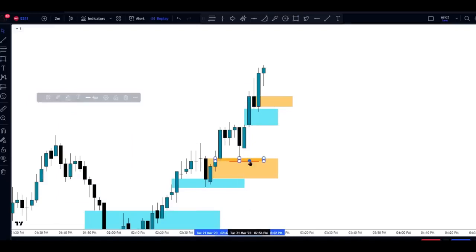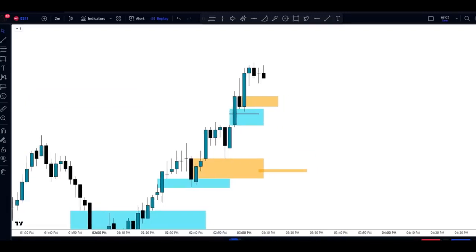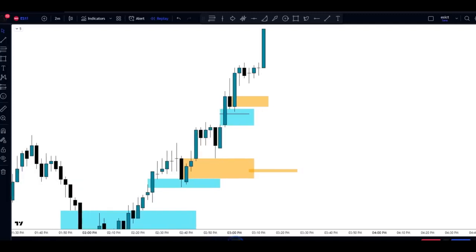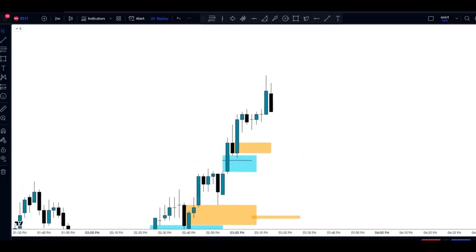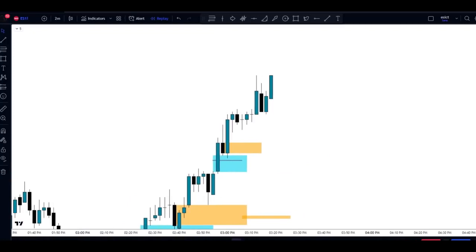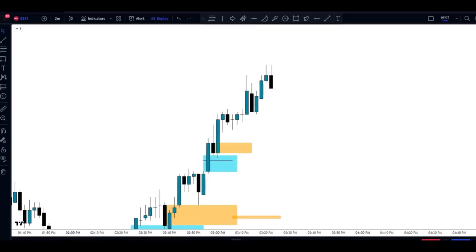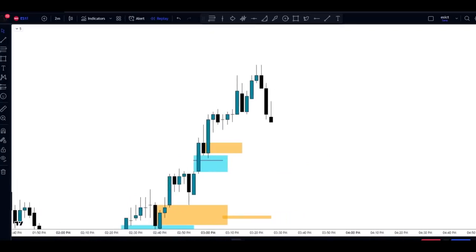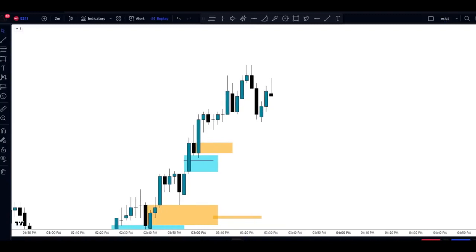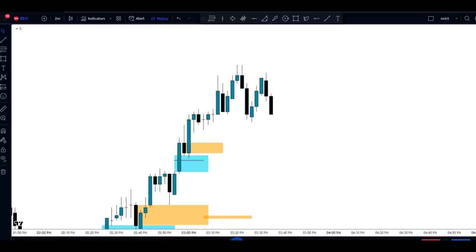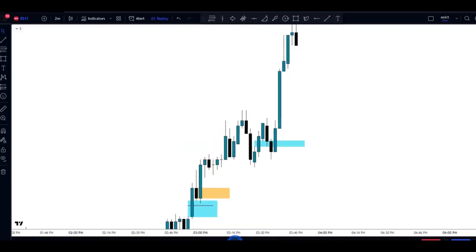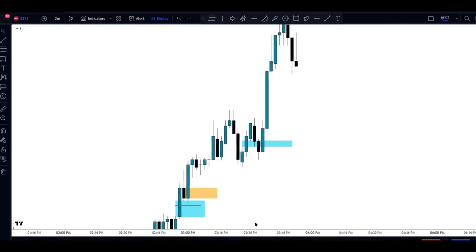So now we can move our stop up here, get rid of that, move our stop loss up here. Go forward. And then now we're looking for another fair value gap to be filled. Price is coming down. And then that's the market close right there.